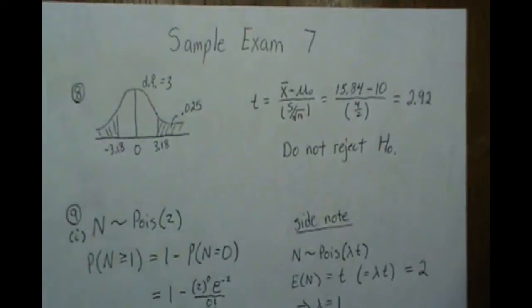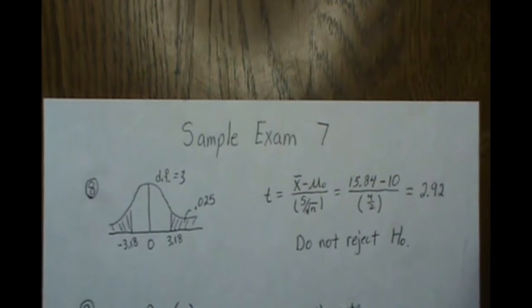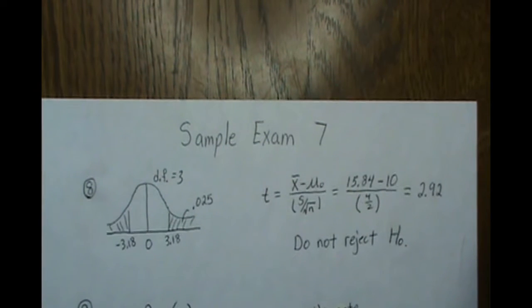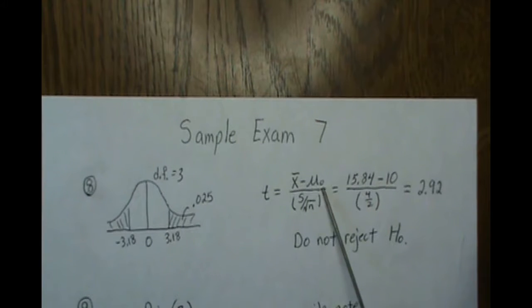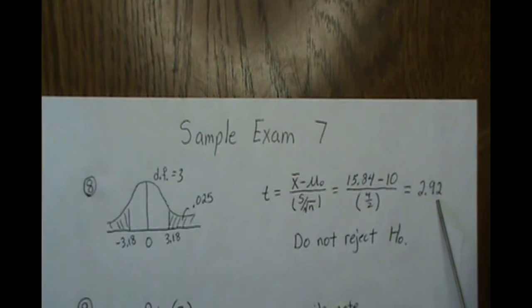Number 8, we want to do a hypothesis test, and it's stated that we're doing a student's t, which is x-bar minus the null hypothesis divided by the sample standard deviation divided by the square root of n. So if we just plug in the numbers, we get 2.92.